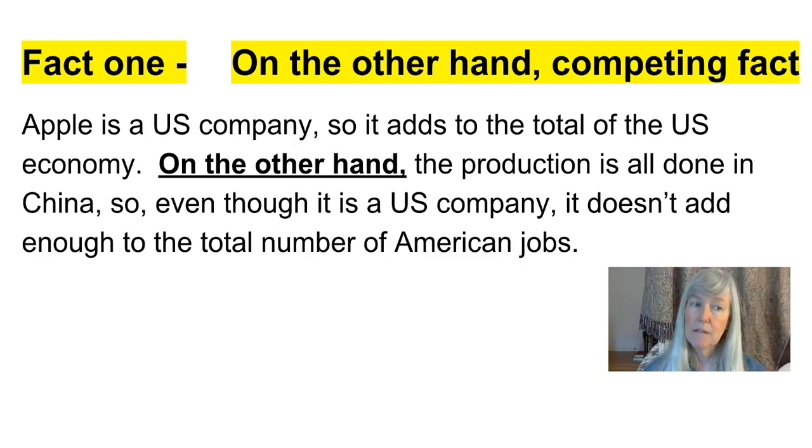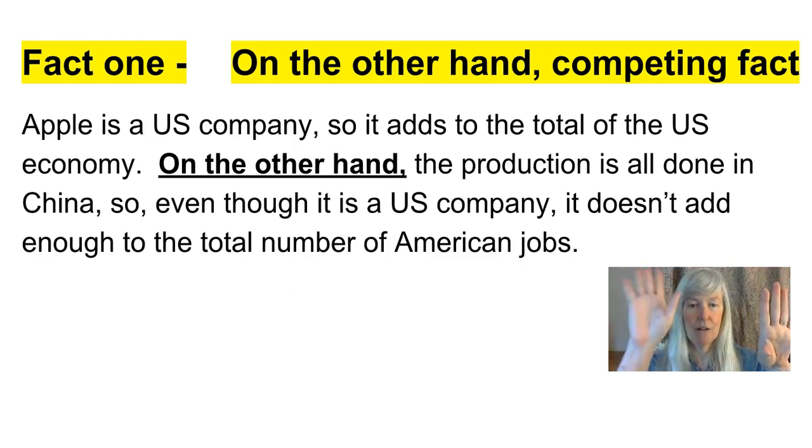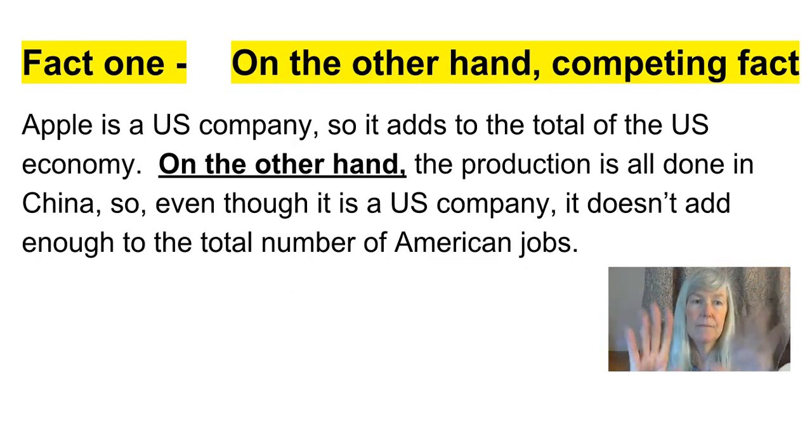We have a fact that it's a U.S. company, but we have a competing fact that the production is done in other countries. So fact one and a competing fact, we say on the other hand. Fact one and the other hand has a different idea.